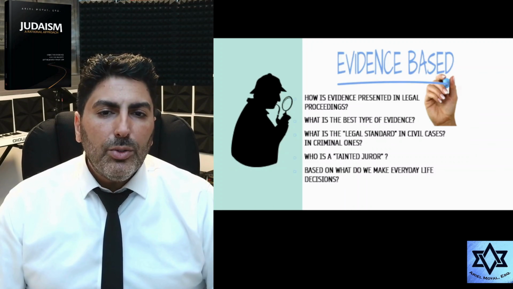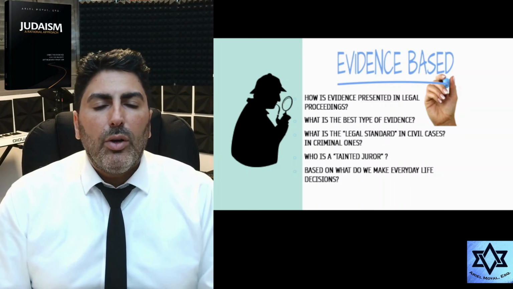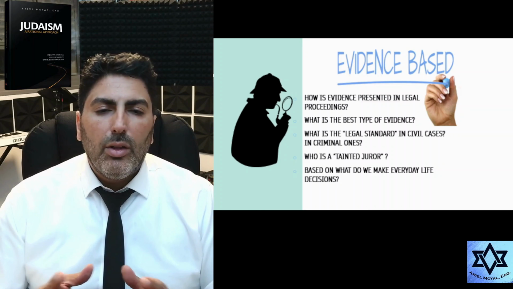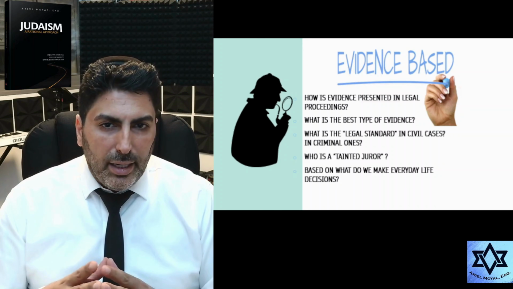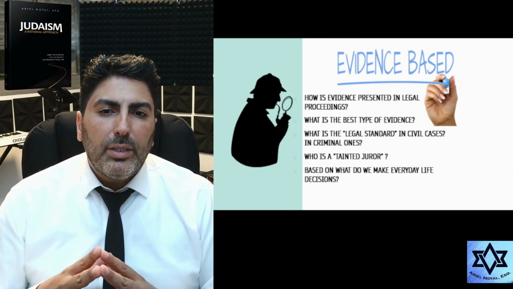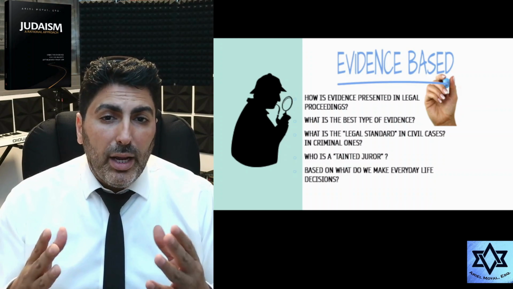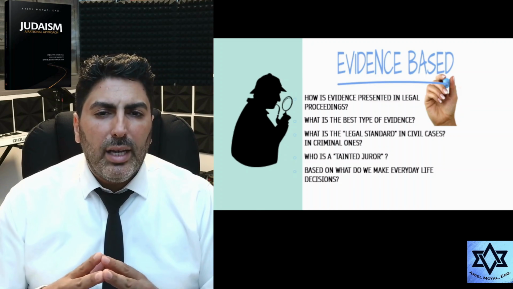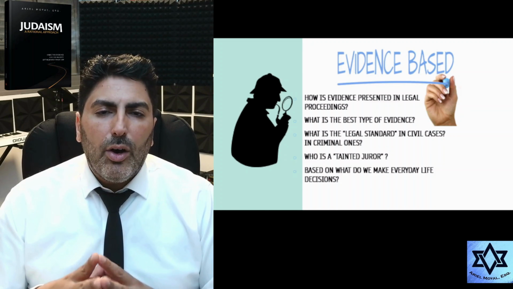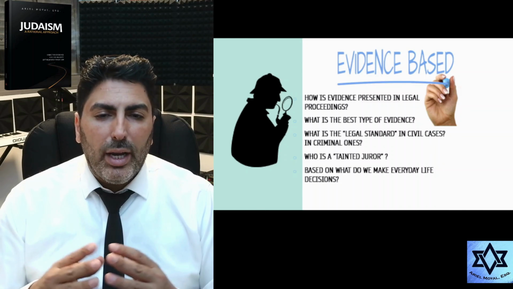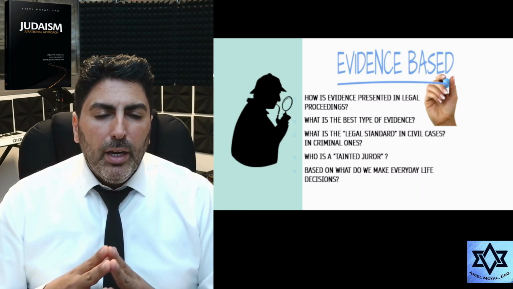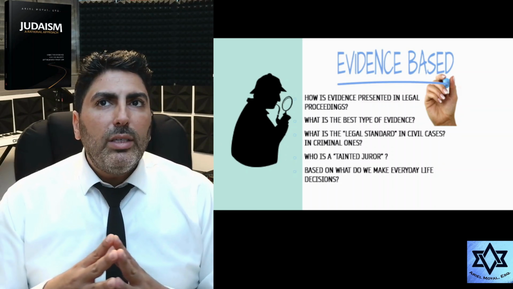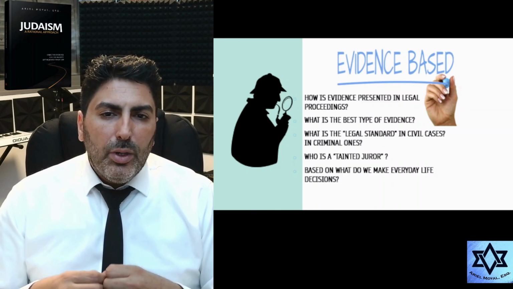So I want to use an analogy from a criminal trial like we would present in the United States. There's lots of different types of trials. There's bench trials where only judges preside. There's civil trials. But for the purpose of this analogy, I want to focus on an example of a criminal trial that has a jury. Now, how is evidence presented to a jury?